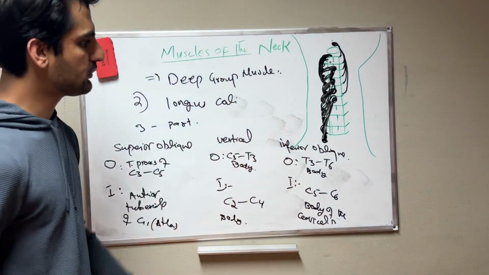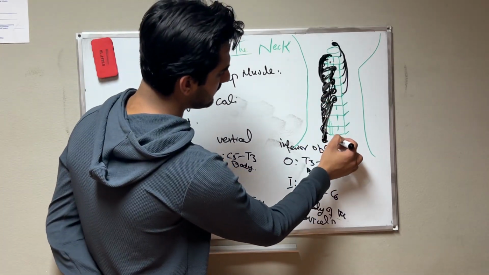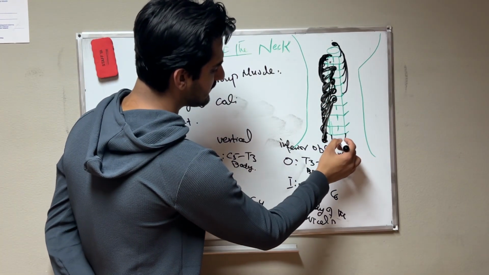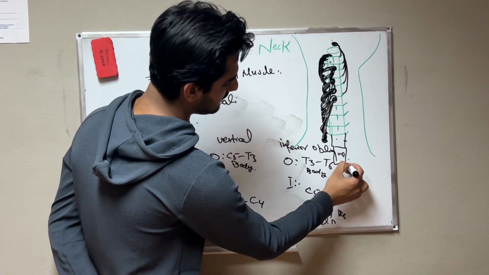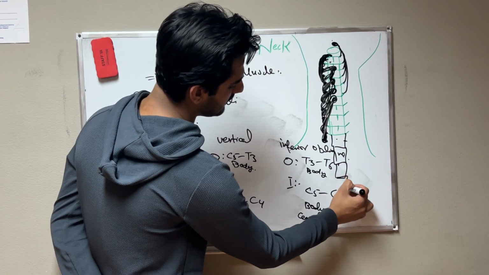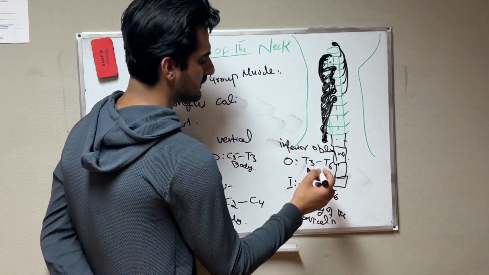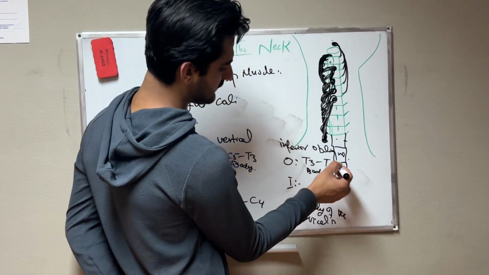Now T3 to C6. T3 we already discussed. If we continue like this, this is C3 and C5, C6. It means its origination from here.